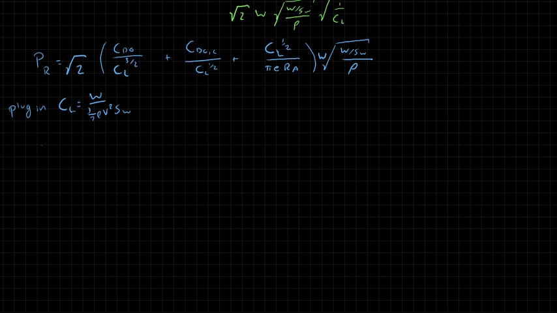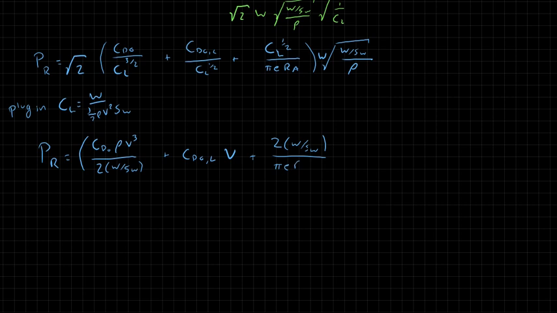So if we plug that in, then we're left with PR equals CD naught rho V cubed, divided by 2 over W over SW, plus CD naught L times V plus 2 W over SW over pi ERA rho V times W. Okay, so again, what I did is I plugged this in and then I distributed this last term.